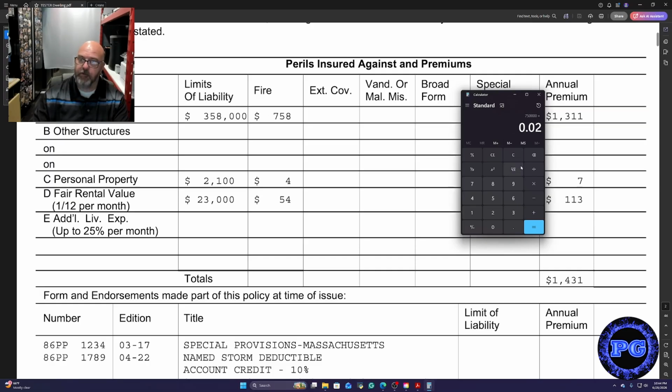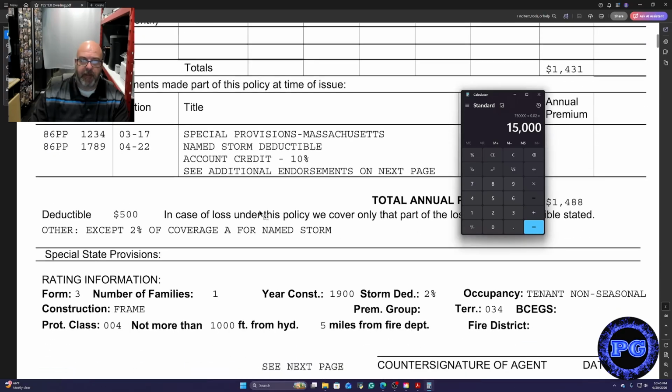So 0.02, boom, $15,000, right? $15,000 if this was $750,000 for a named storm. So that's pretty significant, right?